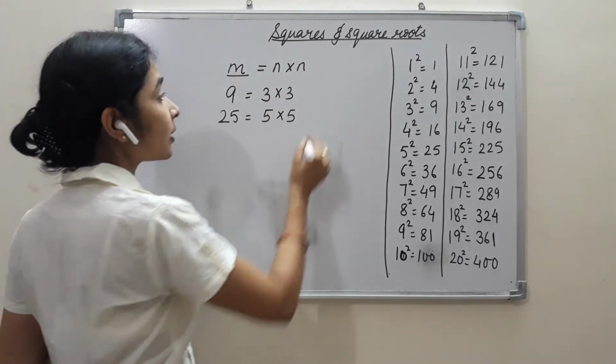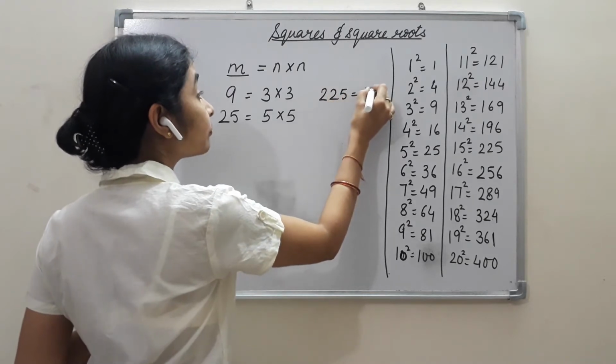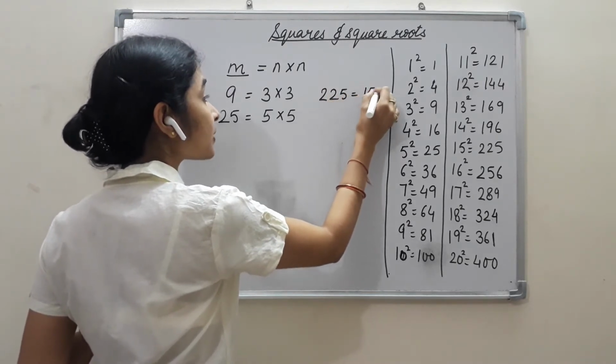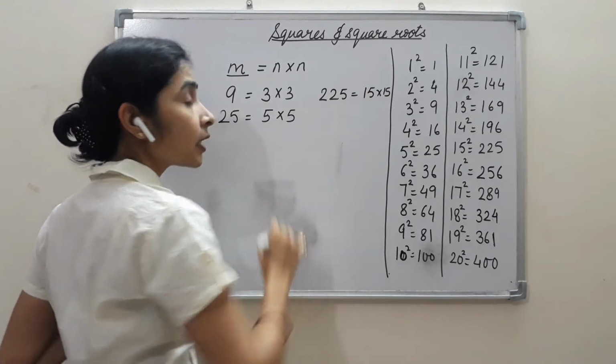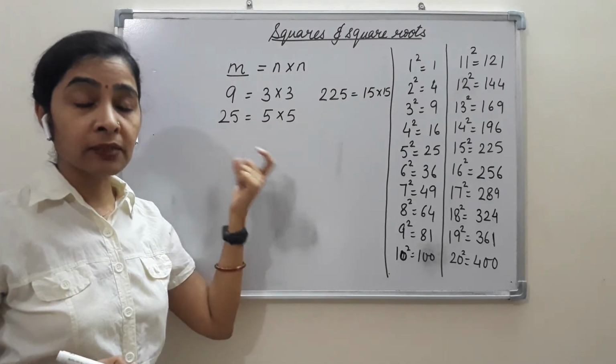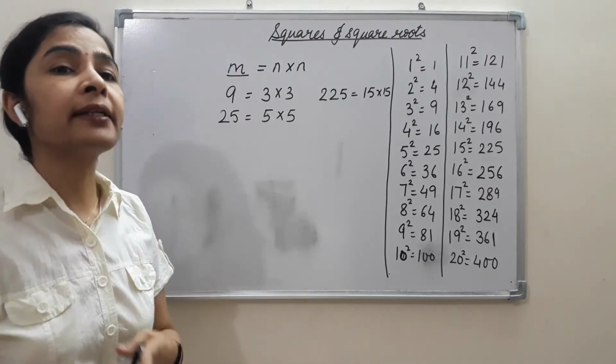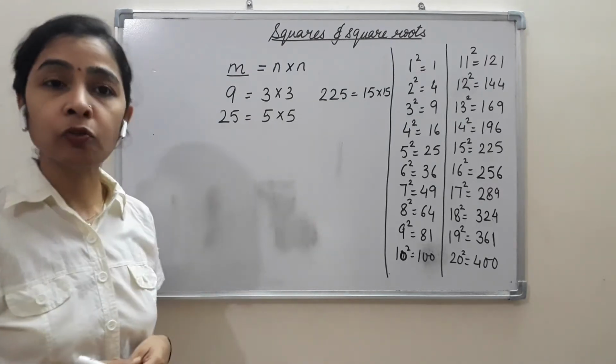If I take the number 225, that is a perfect square that can be expressed as 15 into 15. So numbers which can be expressed as the product of a number multiplied by itself are called the square numbers.